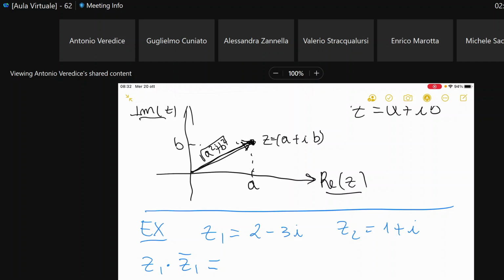Okay, so try it by yourself. It's a very easy task, but you can try it by yourself just to be sure that everything is okay about complex numbers, conjugates, products, and all the stuff we saw up to this point.